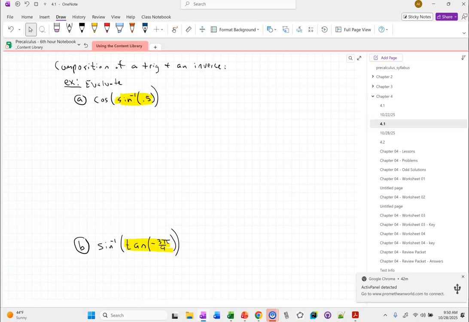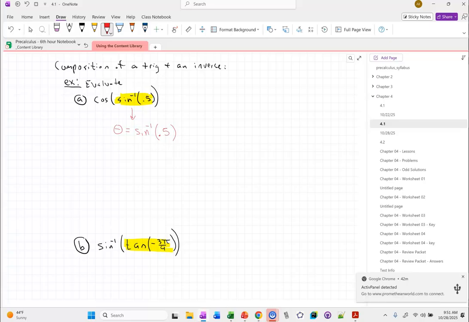Now, all of these sorts of problems I'm going to give you are unit circle problems, so we don't need a calculator at all to do any of these. What I want to do is start by working on the inside. So I'm going to take the inside part.